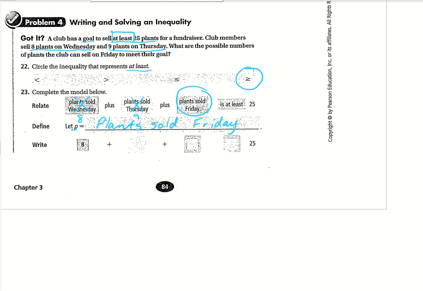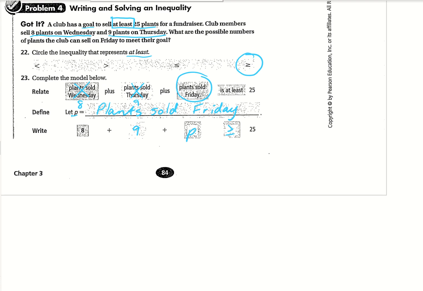Hopefully that makes sense. Make sure you get that written down, and if it doesn't, we will certainly talk about it if we need to. So we have 8 plus 9 plus P is greater than or equal to 25. That's going to be our equation for 4. From here we can solve this ourselves. I'm going to rewrite it down here: 8 plus 9 plus P is greater than or equal to 25.